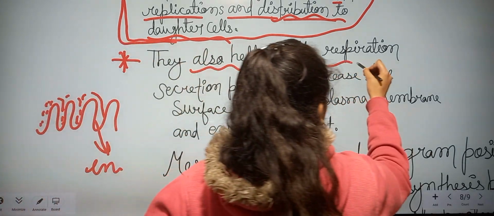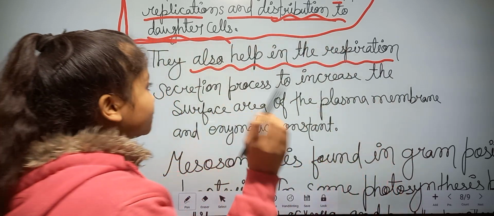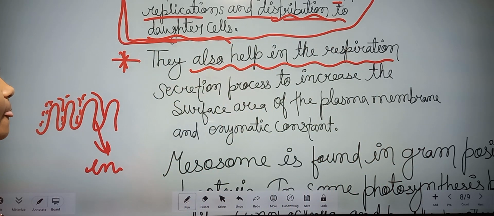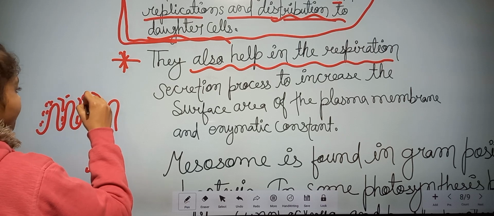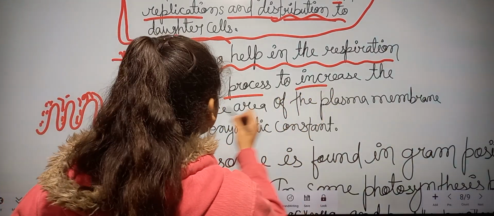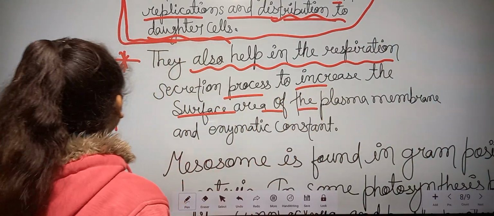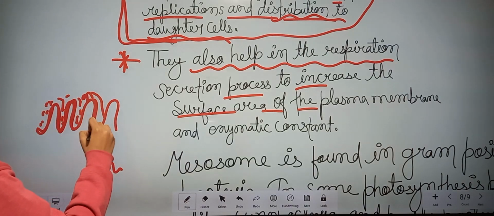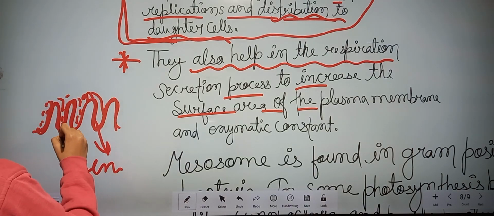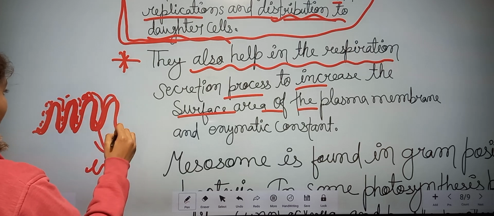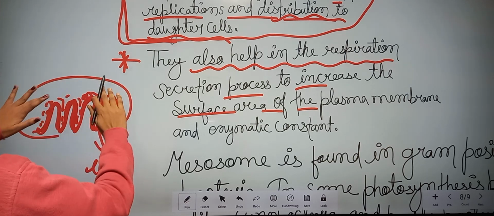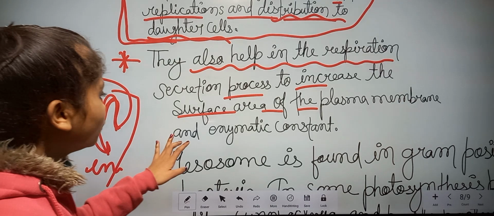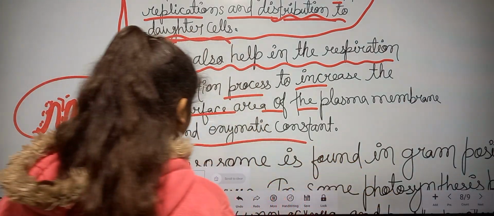The same things are written here. To increase the surface area: if a finger-like structure is formed by the plasma membrane, it can increase the space of the plasma membrane. And the enzymatic content.